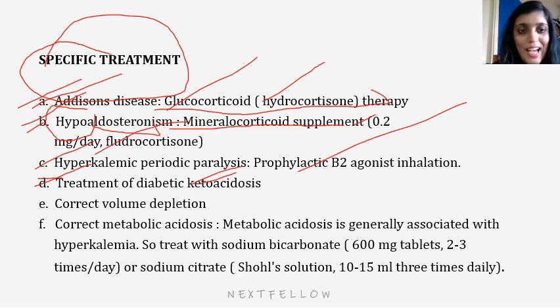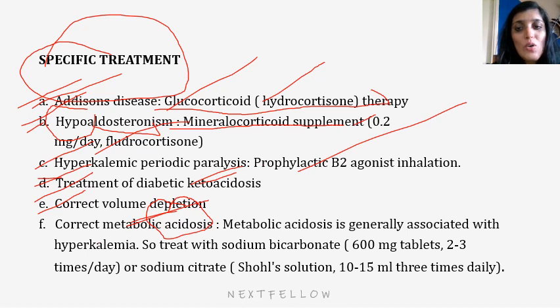If the patient is dehydrated, it might present as hyperkalemia. You have to correct the volume depletion. Correct metabolic acidosis. As mentioned in the previous slides, acidosis will cause hyperkalemia. So you have to correct metabolic acidosis for treatment of hyperkalemia.